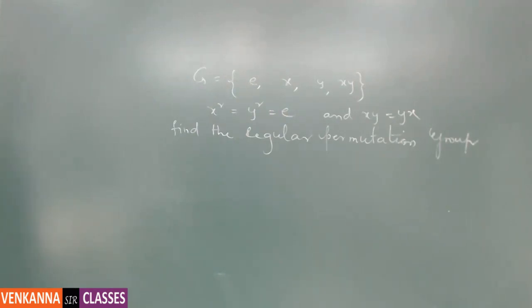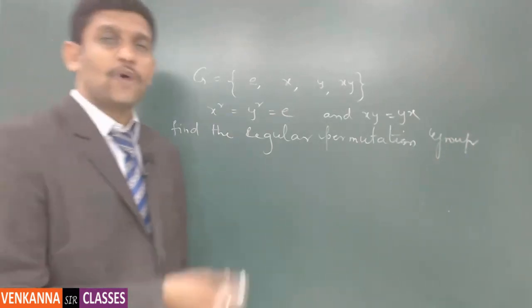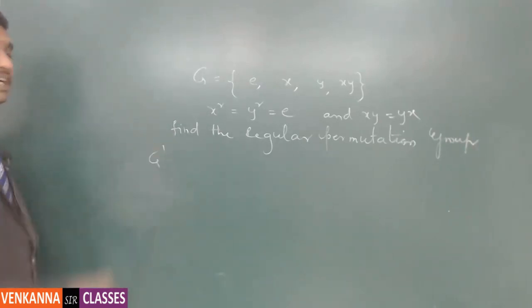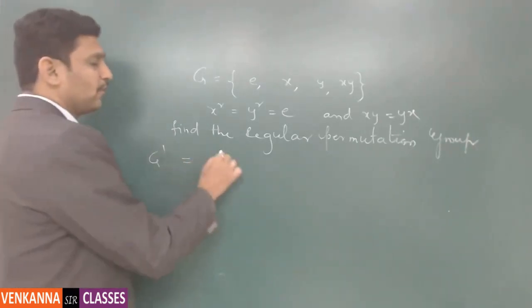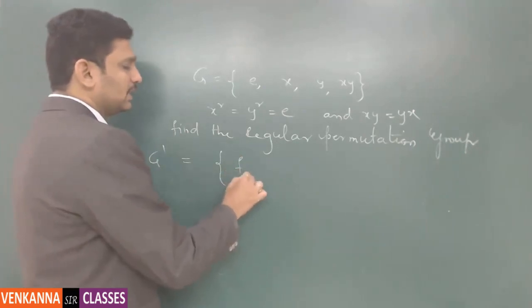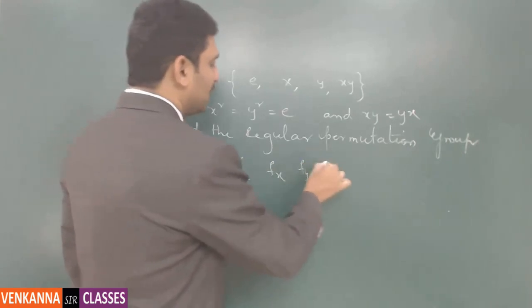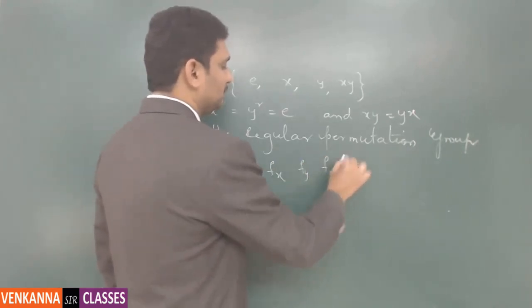So here we follow the same procedure in constructing the respective permutation group. Since G contains 4 elements, you need to get the new permutation group G dash having exactly 4 permutations, nothing but f_e, f_x, f_y, and f_xy.